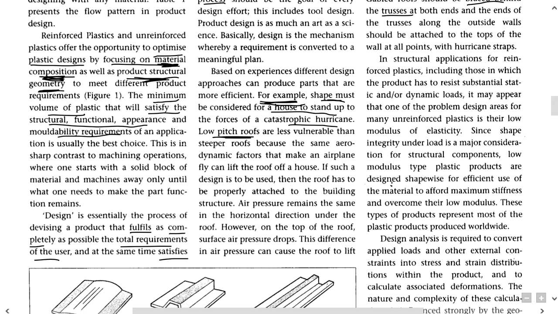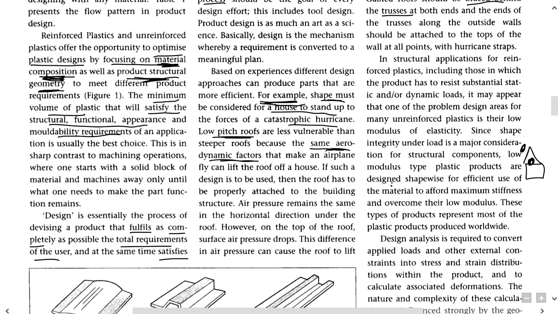If you want to design a higher roof, you have to take into consideration the structure, because there are aerodynamic factors, where there is an interior pressure and an exterior pressure.